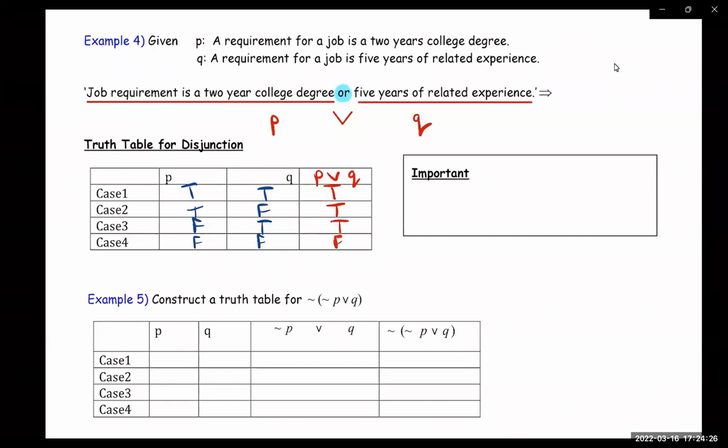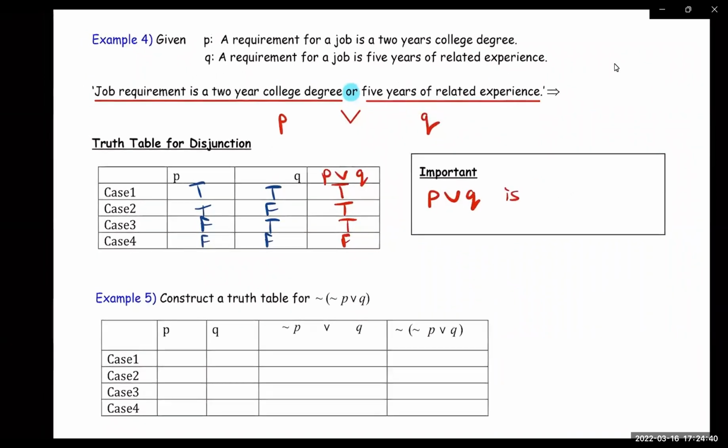So the important thing to note is that P or Q is true when you have at least one true.